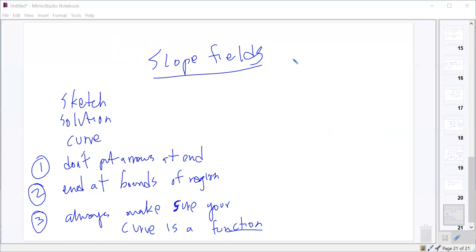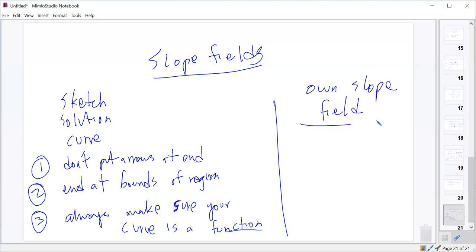Cool. All right. In terms of sketching your own slope field, which is a possibility, like I said, the slopes don't have to be perfect. They just need to be pretty close. But usually, when you're making your own slope field, there are 2 points associated with it. The first point is the zero slopes.